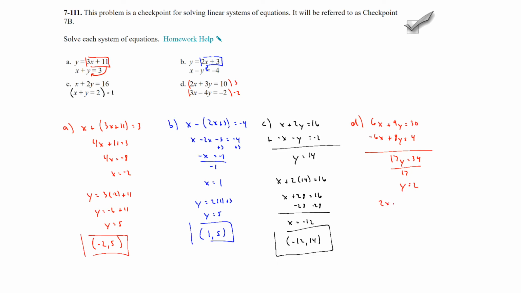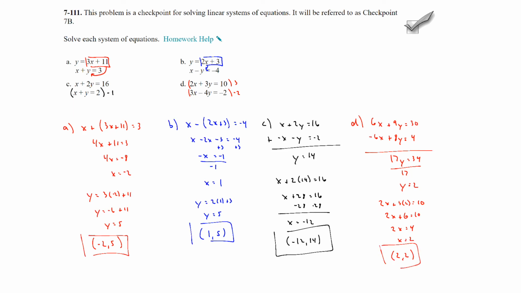We'll plug that back into the first equation. And it looks like we get 2x plus 6 equals 10. Subtract the 6, divide by 2. X is equal to 2, and it looks like y is equal to 2 also. So we have the ordered pair 2, 2.